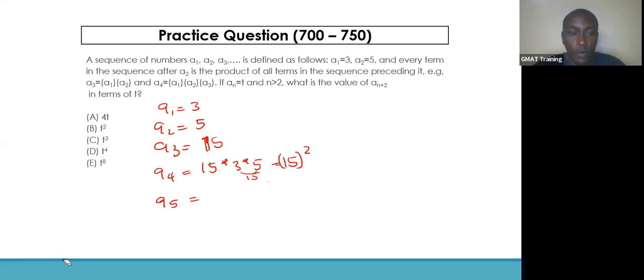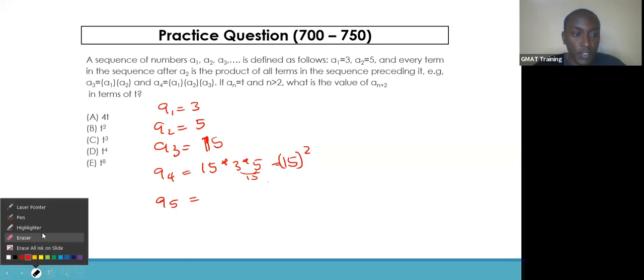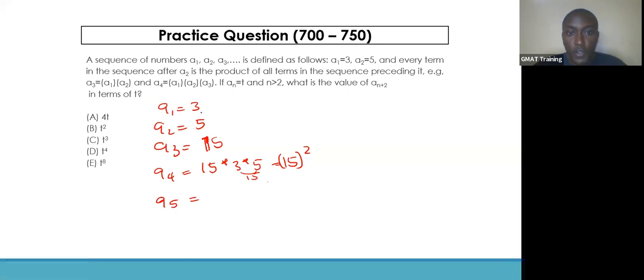So we'll have all this multiplied together. Let's write this. So this is 15, this is 15, and this is 15 squared. So we have 15 squared times this A3, that's 15, times 15. So we'll have 15 to the power of 4.